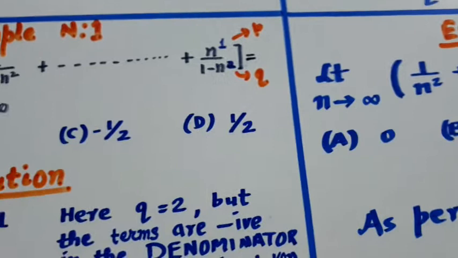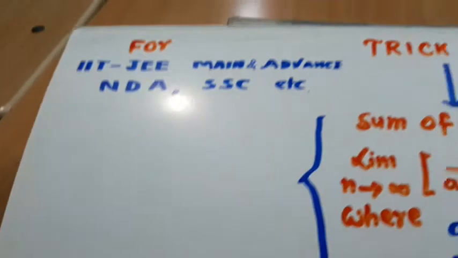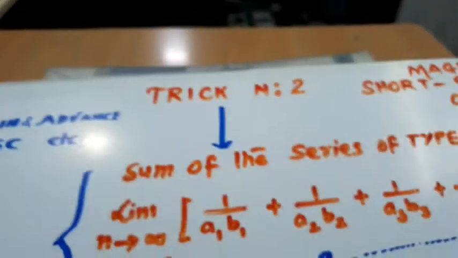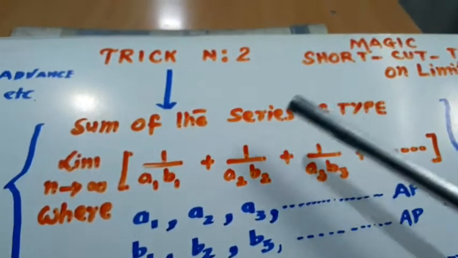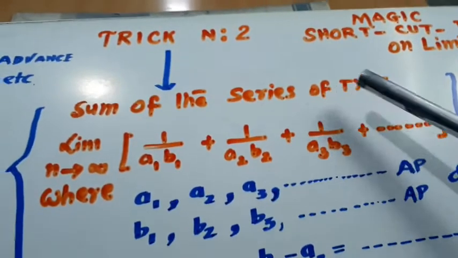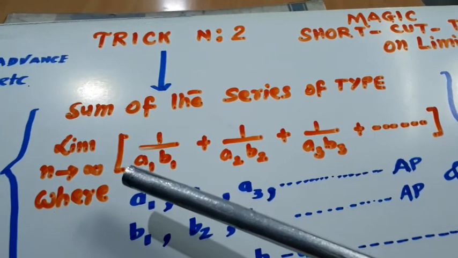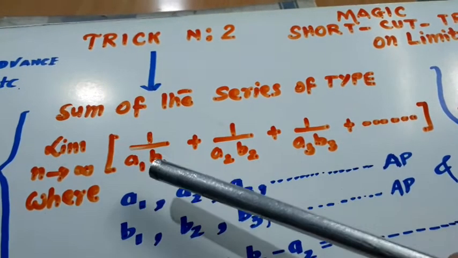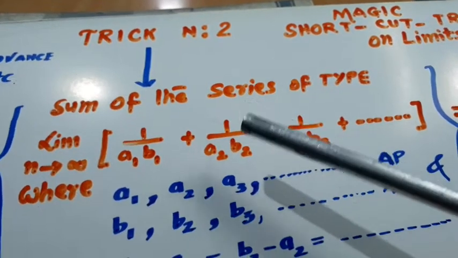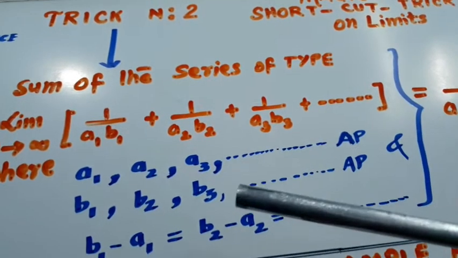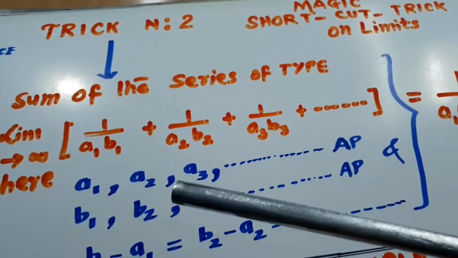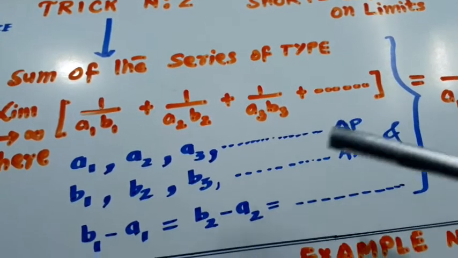Trick number 2. Look here, trick number 2 is this. Sum of the series is of this type. Limit n goes to infinity, 1 over a1 b1 plus 1 over a2 b2 plus 1 over a3 b3 and so on. a1, a2, a3 are in AP.